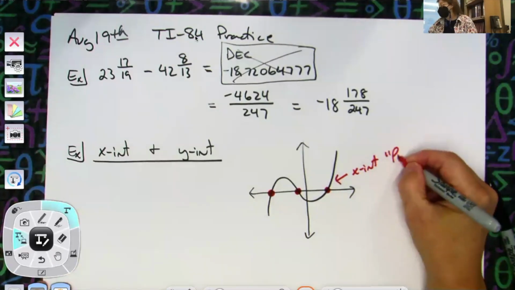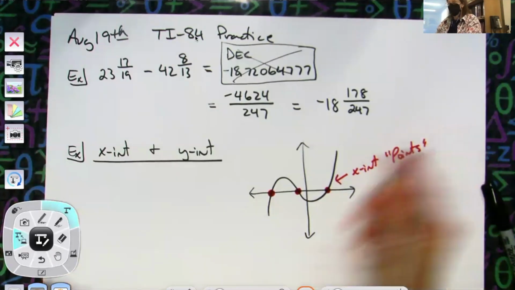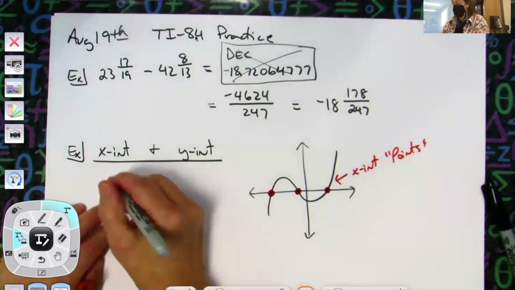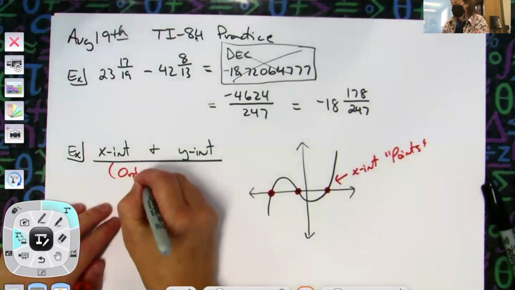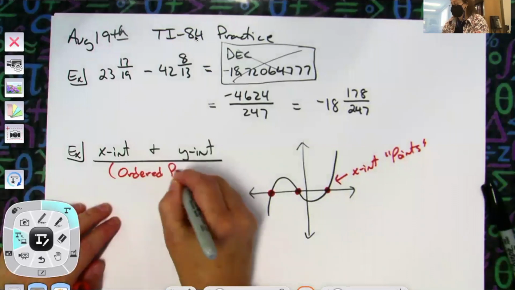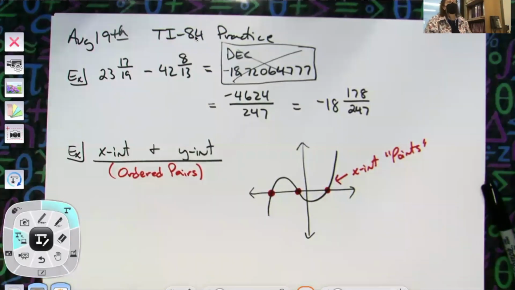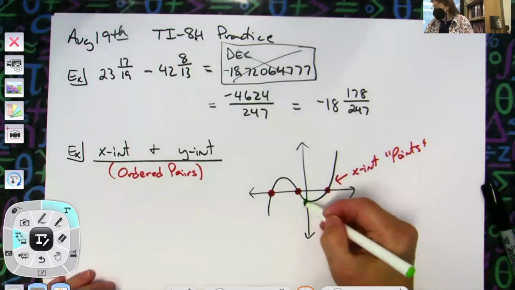So I should write x and y intercepts as ordered pairs. I'm going to write my x and y intercepts as ordered pairs because they are points at which the graph crosses the x-axis.